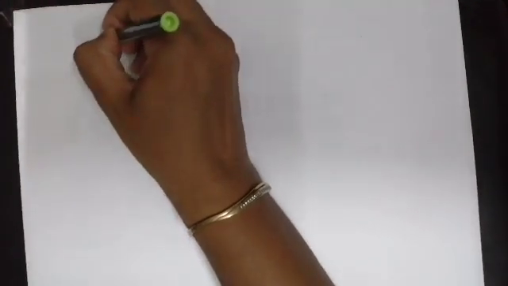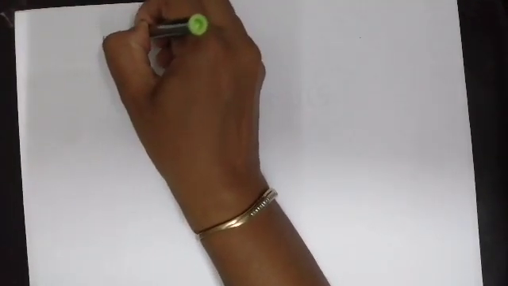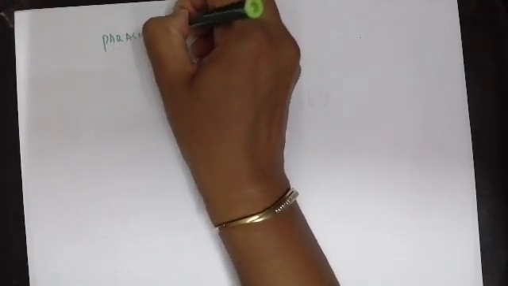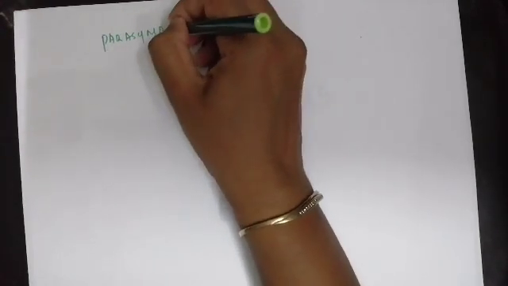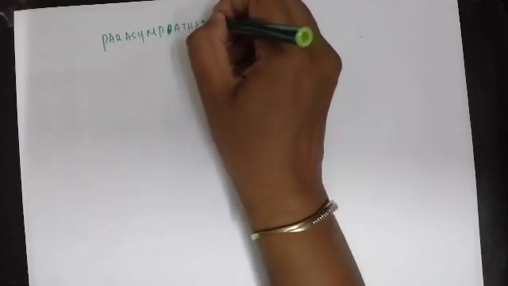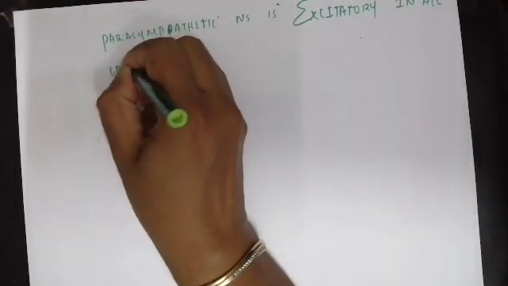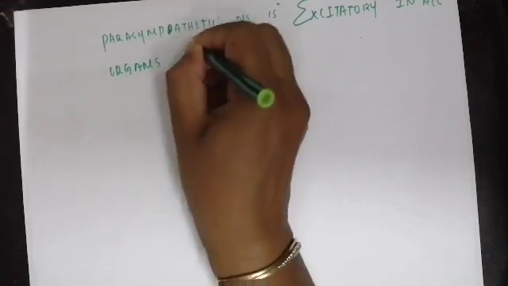The easiest way to remember is that the parasympathetic nervous system is excitatory in almost all organs, except the heart.